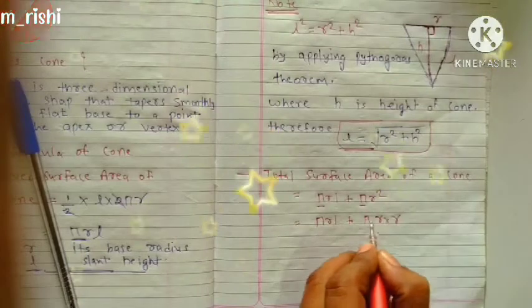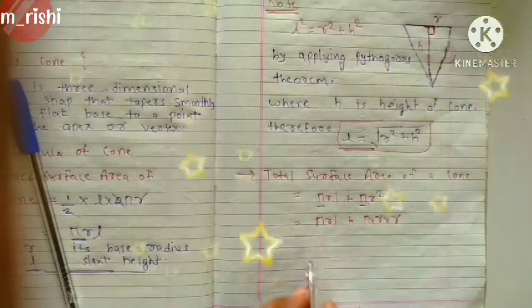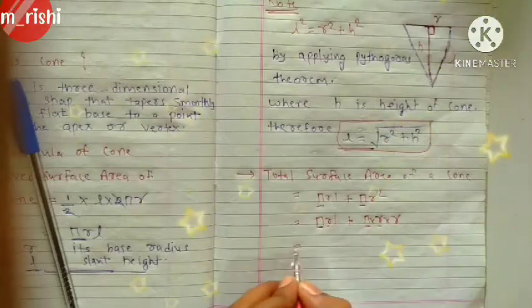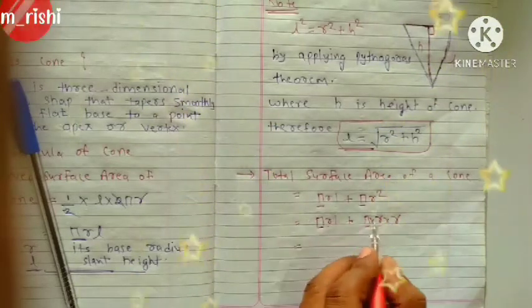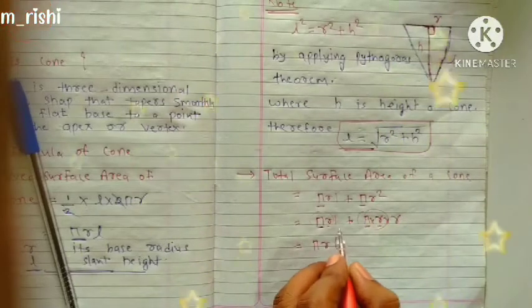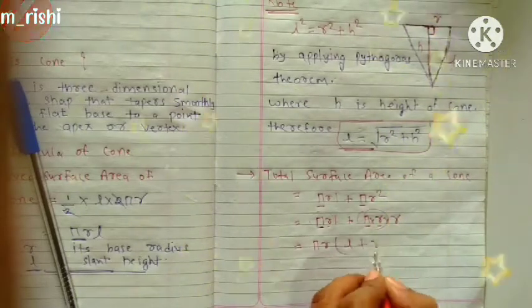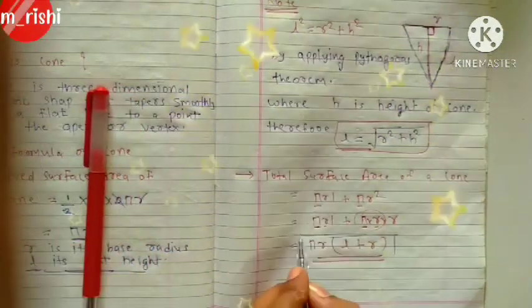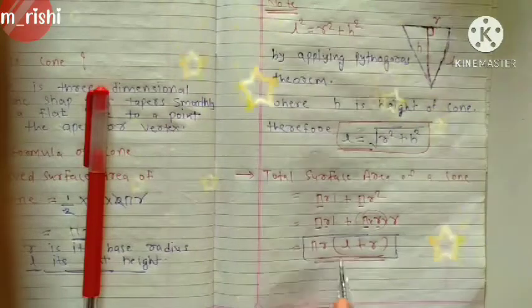Pi r is common in both terms, so we take it outside and write the rest in brackets: pi r in bracket L plus r. So this is the total surface area of a cone.